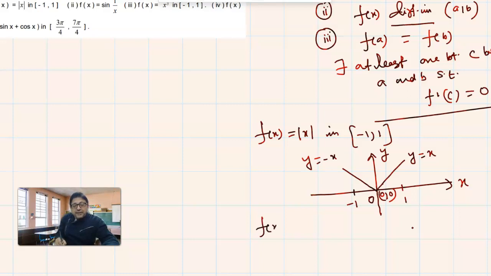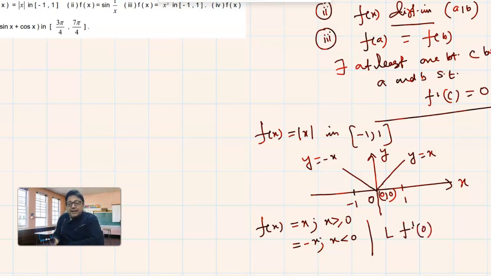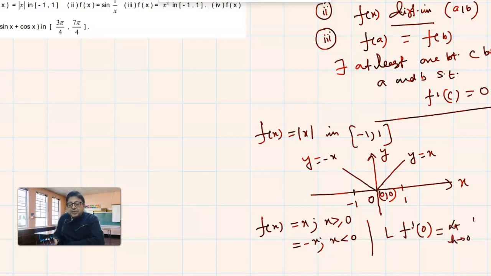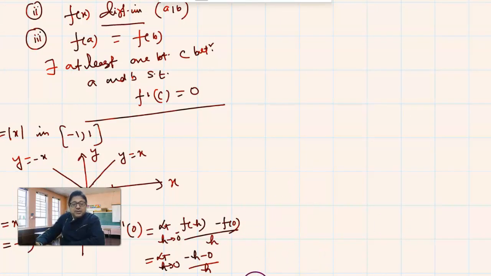If we rewrite the function f(x) equal to x for x greater than or equal to 0, minus x for x less than 0, and if we calculate the derivative at x equal to 0, that is the left hand derivative at x equal to 0, then this is going to be limit h tending to 0 minus of (f(h) minus f(0)) by h, which is limit of (-h minus 0) by h. So the value is minus 1.